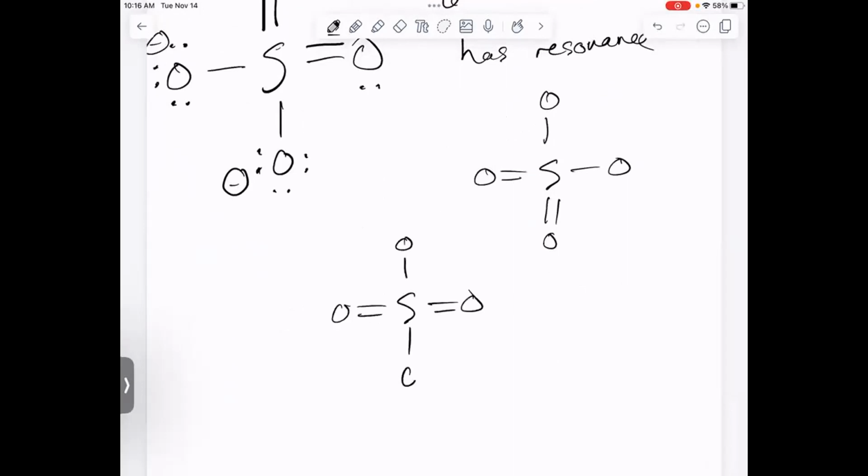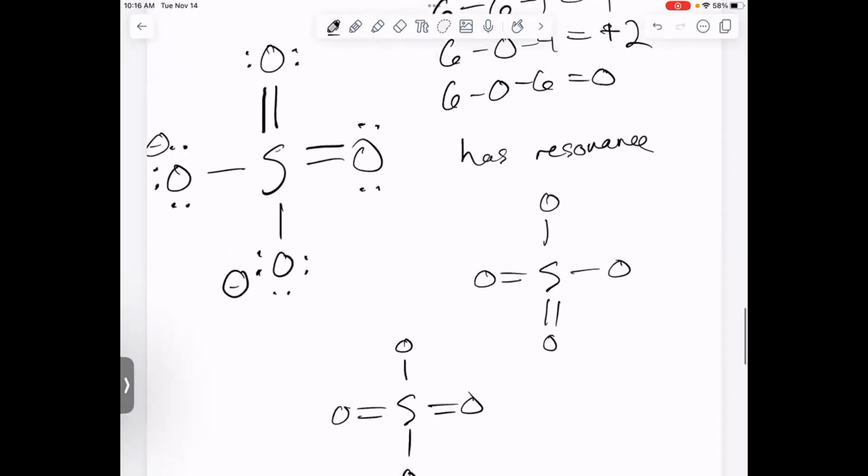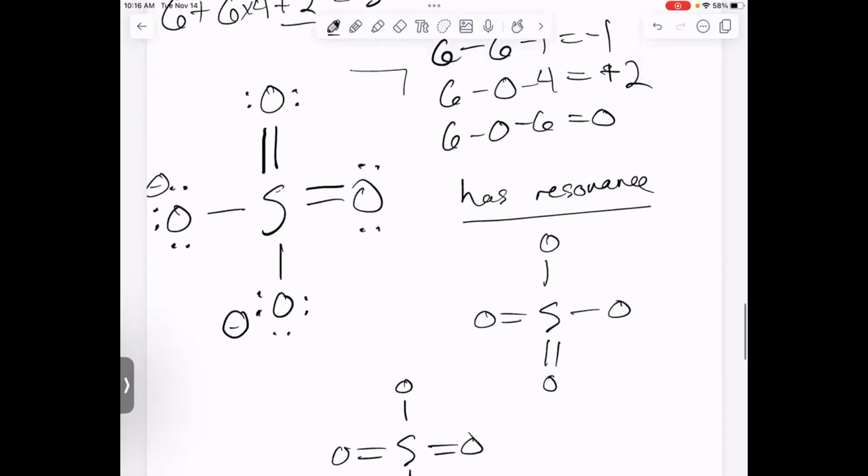And for something like sulfate, I would probably not make you draw all of them, because there are a lot of combinations of where exactly those two could be. But show some indication that there is resonance going on, something that I would look for. So the important thing is this does have resonance. And what that means in this case is, if this is my structure for just one of them, it's got an overall 2- charge.